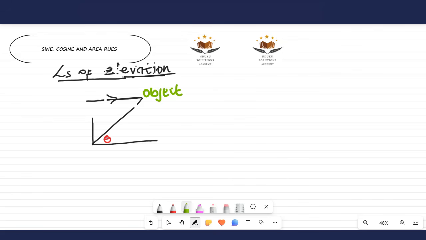Like I said, the angle of elevation is the angle between the horizontal and the line of sight to an object. So if we were to look, your eyes are actually here.